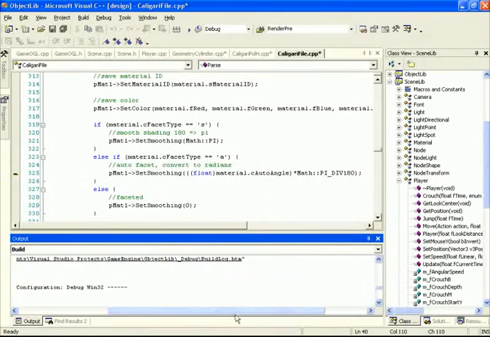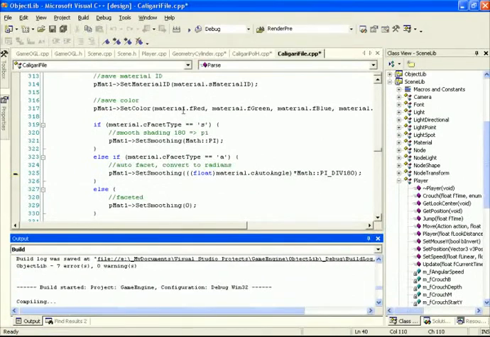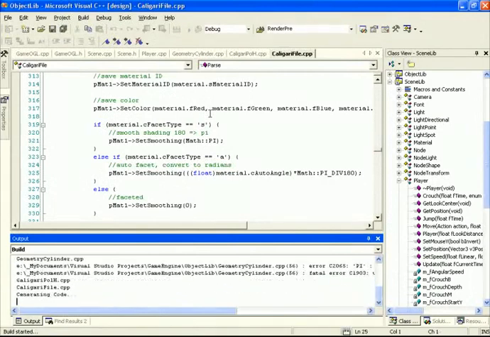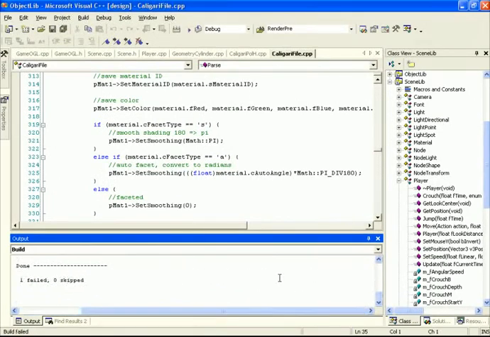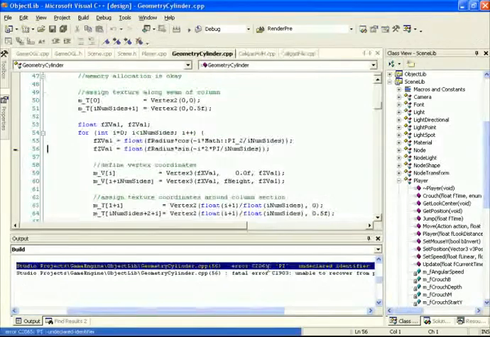Okay. Let's just rebuild. Oh, we missed a few. Here we have, oh, we missed this one here. Pi times 2.